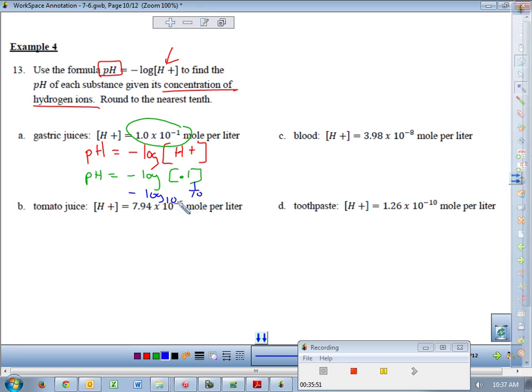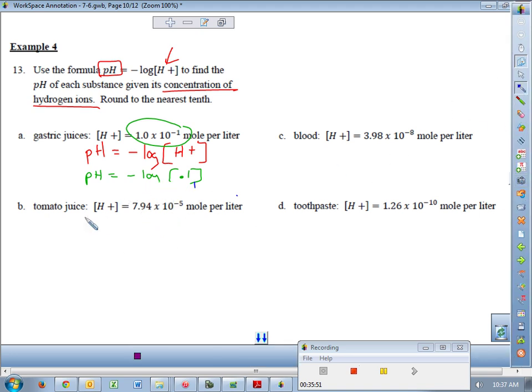Can this number be rewritten base 10? 10 to what power is 1/10, my friends? To the negative first. So you have negative of negative 1, which is 1. So the pH of that particular one was exact. It equaled 1. Cool?